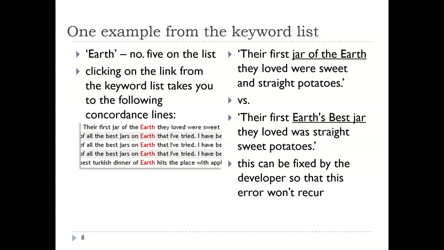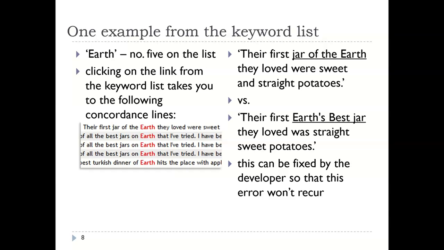So if we compare that phrase, and that's from the translated corpus, with the corresponding sentence in the original, we find out that what it actually said is their first Earth's Best jar they loved was straight sweet potatoes. So it's having difficulty translating what in fact is a product name, Earth's Best.